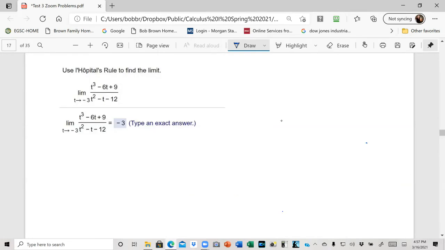Okay, in the next problem, we're going to use L'Hopital's rule to find the limit.